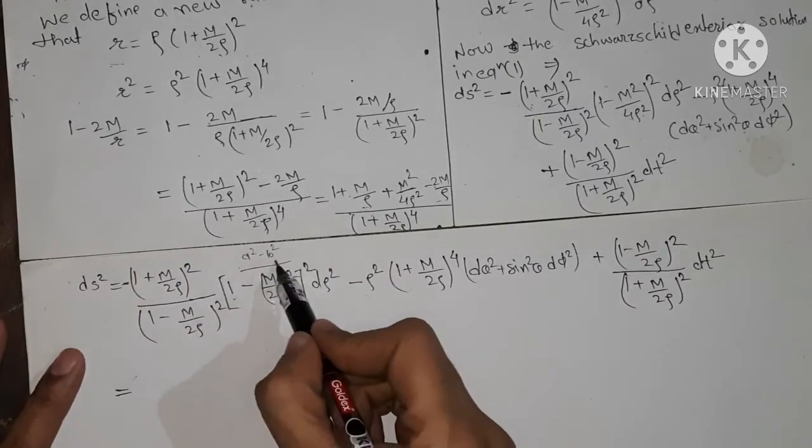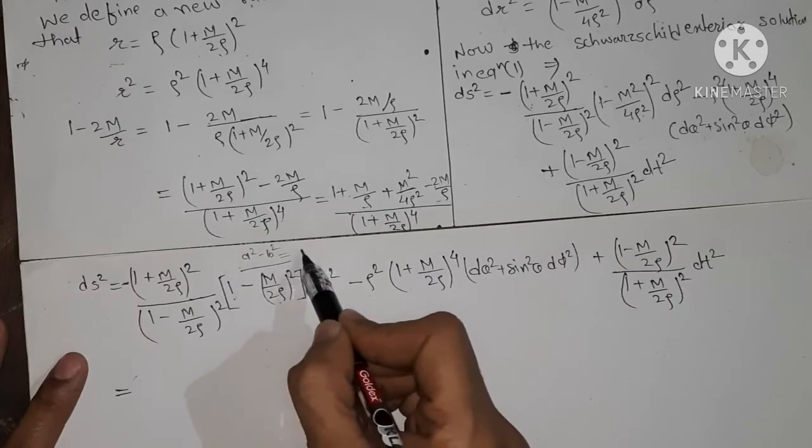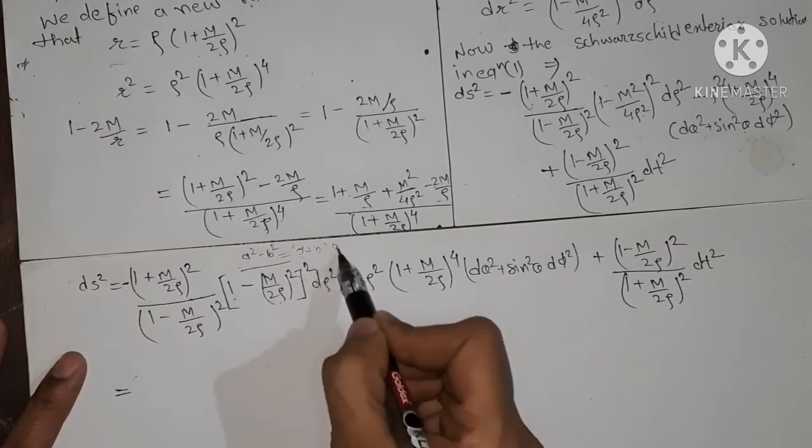A square minus b square is nothing but a plus b into a minus b.